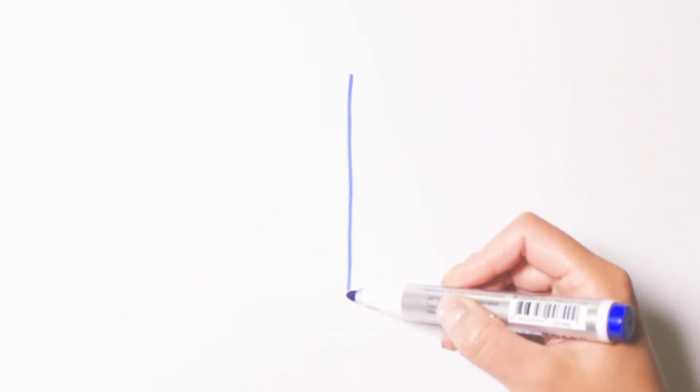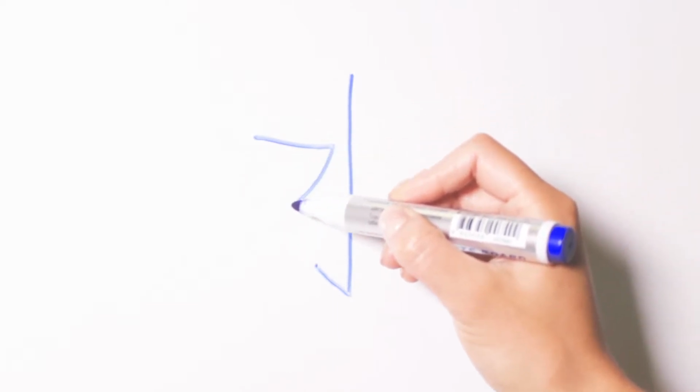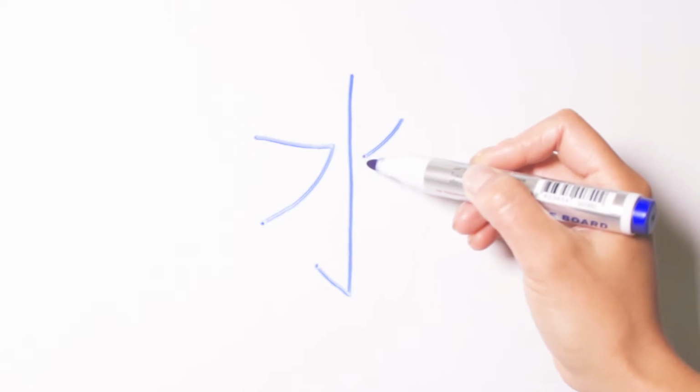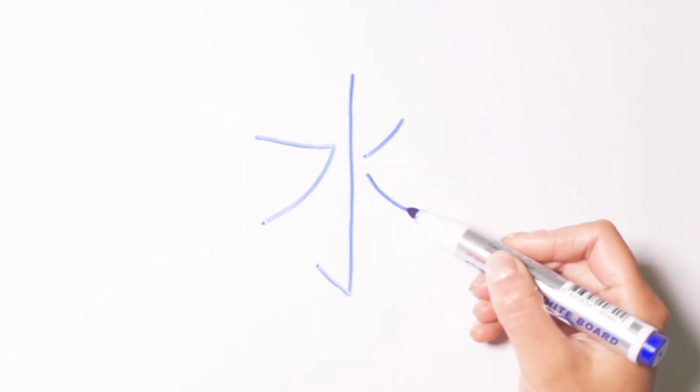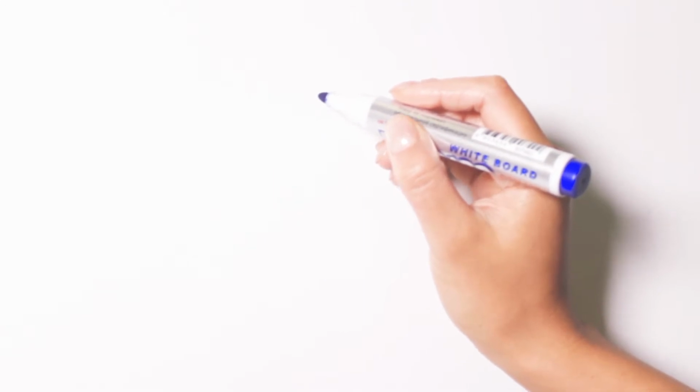And now let's learn how to draw it. Let's look at how to draw the full form. We start from a hook, then we draw a bend, then a dot, and a right falling stroke. The most common drawing of this radical is three dots.